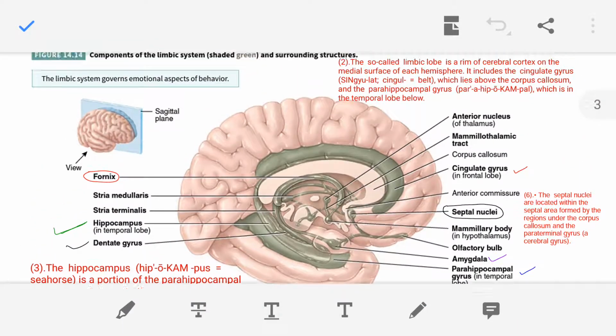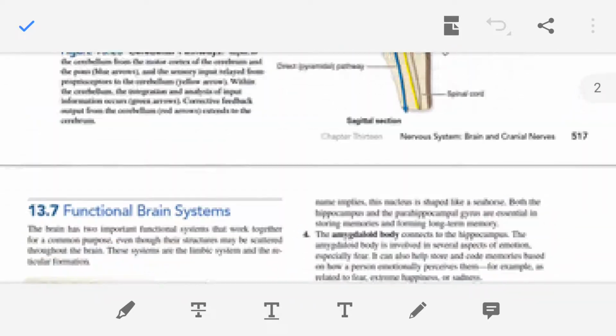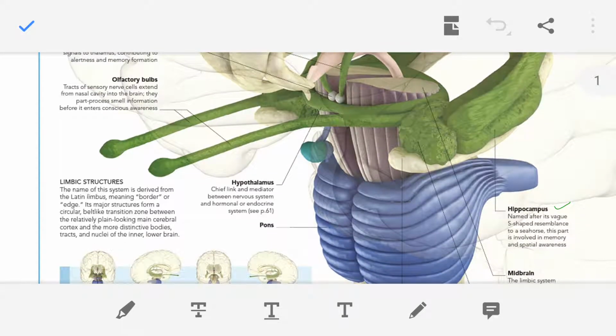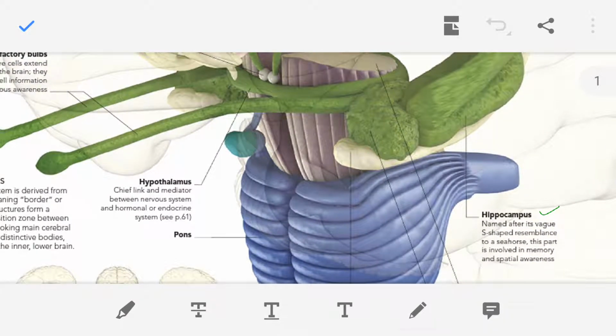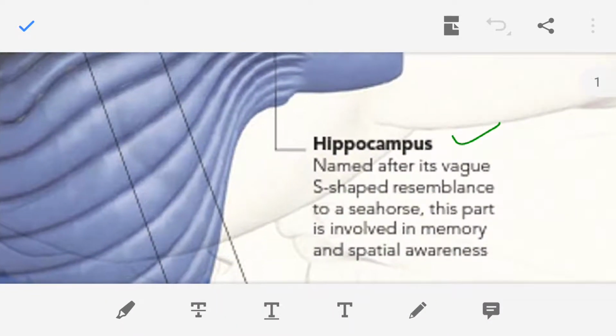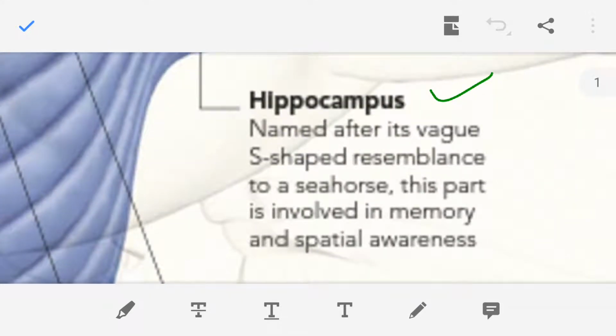So see in this figure, hippocampus. It is named after its vague S-shaped resemblance to a seahorse. The shape of it looks like the seahorse.